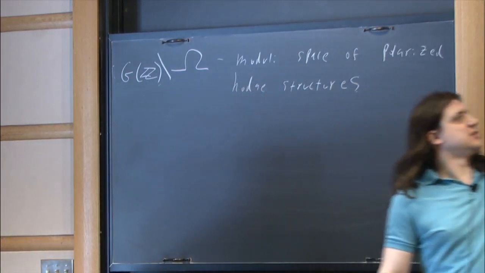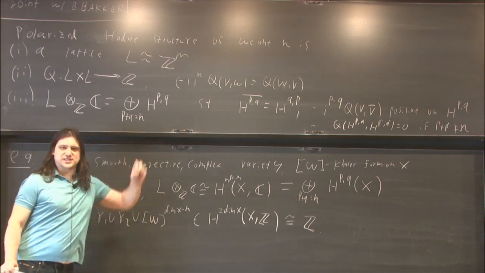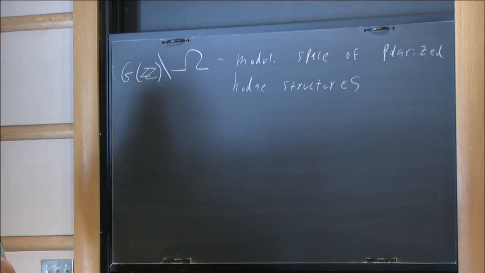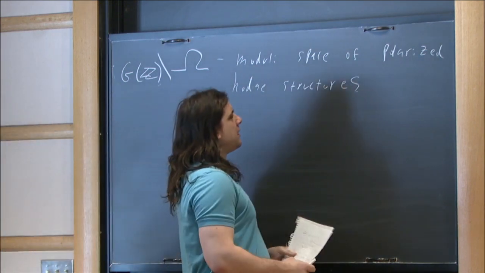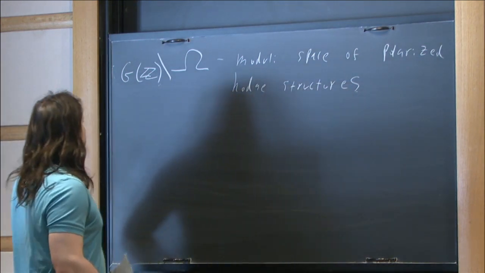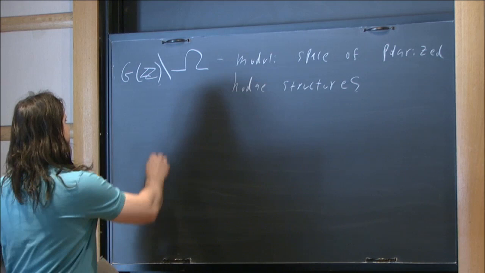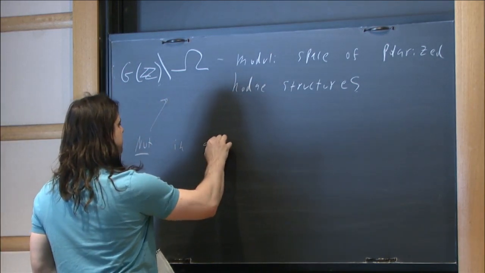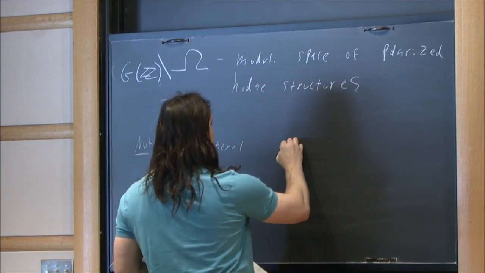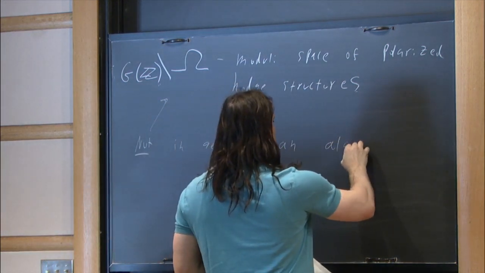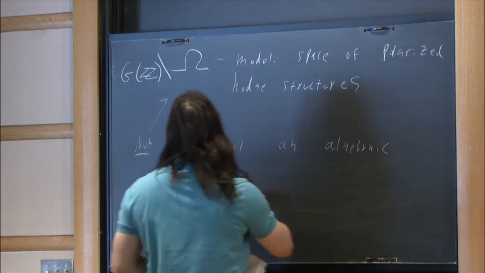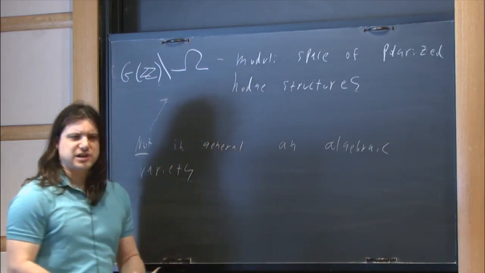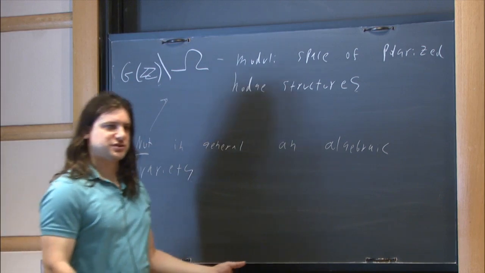I fixed the dimension of these guys, and I've also fixed the isomorphism type of L, Q, the lattice with the pairing Q on it. OK, so one big issue with this space is that this is not, in general, an algebraic variety, even though it is a complex manifold or a complex orbifold or something.